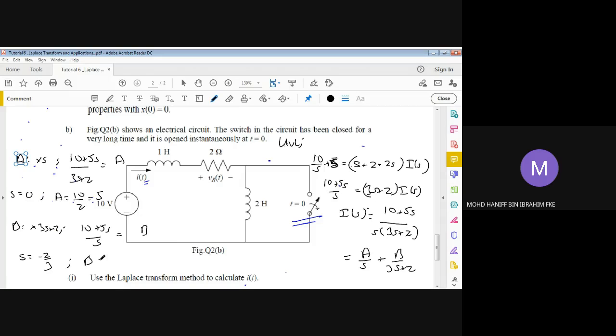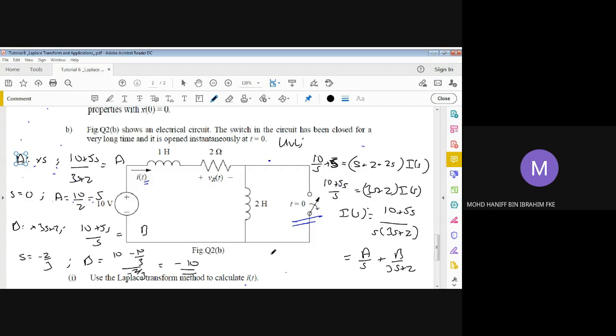So you're going to get B equals (10 minus 10 over 3) divided by minus 2 over 3. So we're going to get what then? 30 minus 10 is 20 over 3, divided by minus 2 over 3. So we're going to get the answer as negative 10.